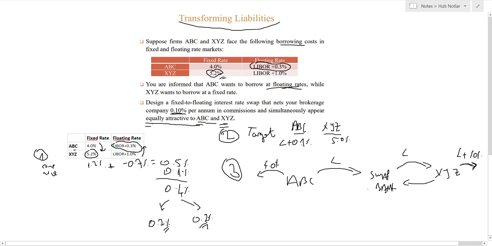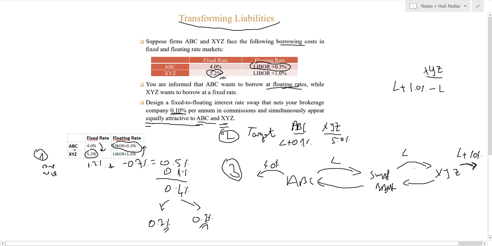Let's look at the target. I mentioned that the XYZ company's target is 5%. So what is the current situation in XYZ company? Let's write it like that, then you can understand better. I will elaborate these arrows. This means plus LIBOR plus 1%, minus LIBOR.